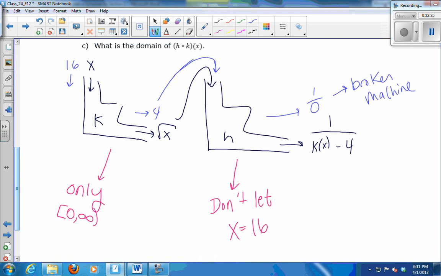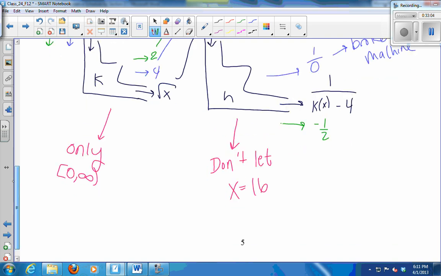If I take my function machine and I put in a 4 into K, K square roots it, and out comes a 2. Then I take that 2 and put it into H, and I get 1 over 2 minus 4, which is -1/2. Fine, I didn't jam either machine. Okay, so 4 is not the problem, 256 is the problem.